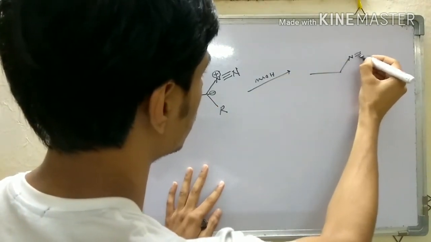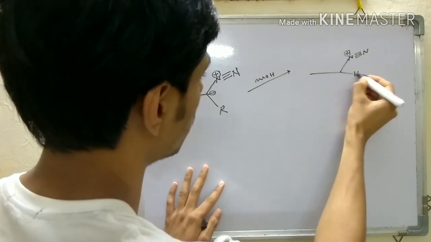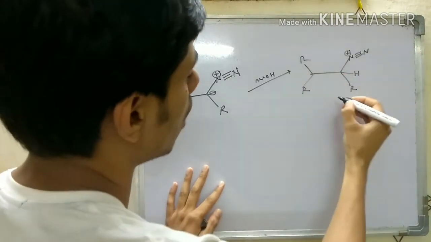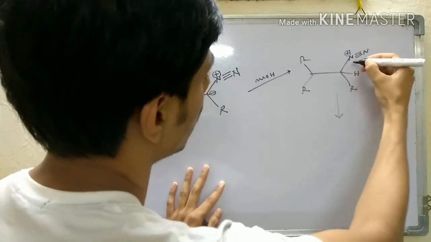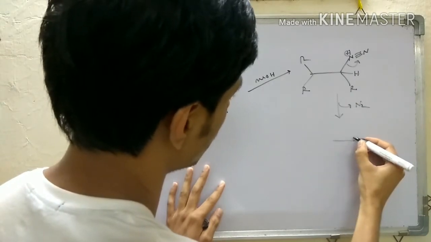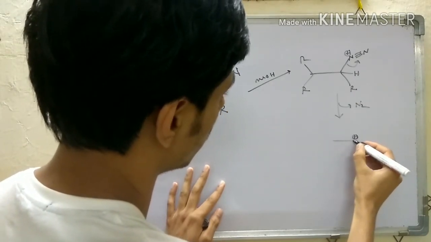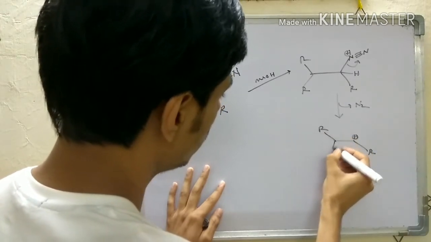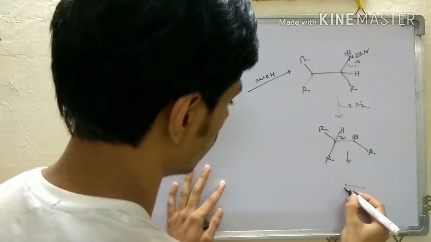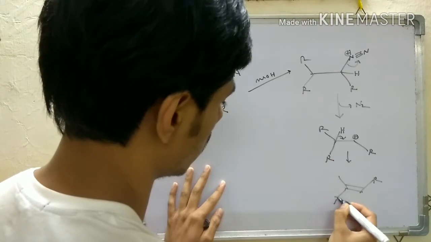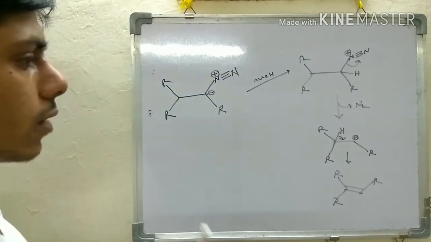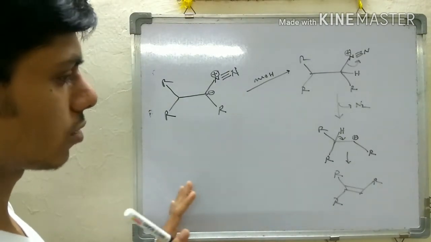That is, you will get this N plus, here you have H, R, and R, here you have another R. So now only one option is left: this nitrogen will go away as N2, because it's a stable nitrogen gas, and then you will have a cation here. Now this hydrogen can undergo an elimination reaction to give you this. So this is the case of protic solvent.